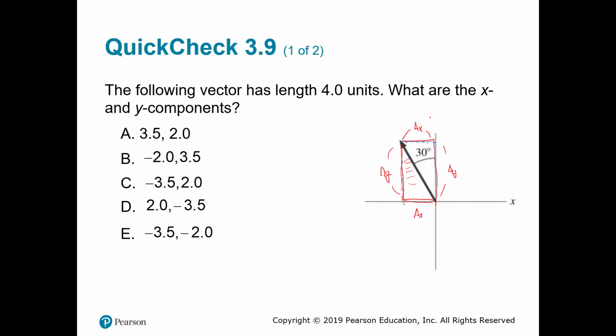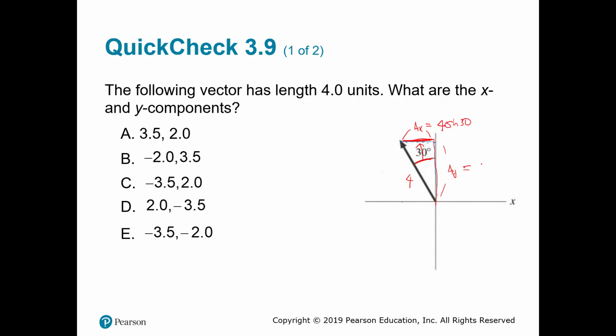So now you are looking for AX. We are interested in the magnitude only, right? The problem said the hypotenuse was 4, so this is 4. Always hypotenuse first. And then this length is opposite to this angle, so it's 4 sine 30.